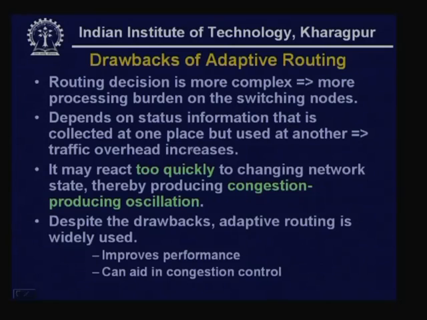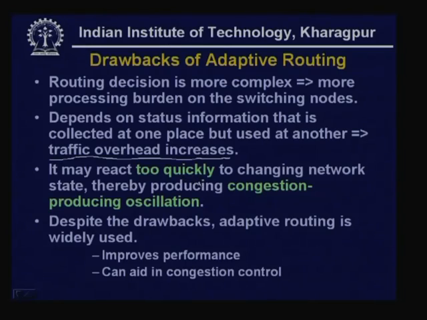So, as a result, the information has to be transmitted to them, and that increases the traffic overhead significantly. And if it reacts too quickly to changing network state, it may produce congestion producing oscillation. That means, if the adaptive algorithm reacts too quickly, what happens? It may lead to congestion producing oscillation, somewhat like this.